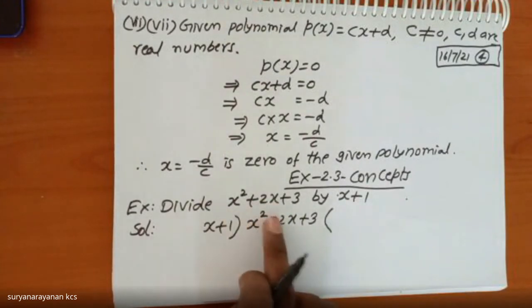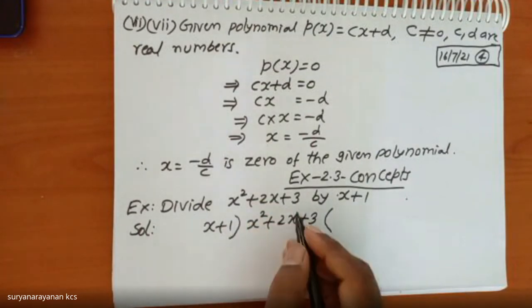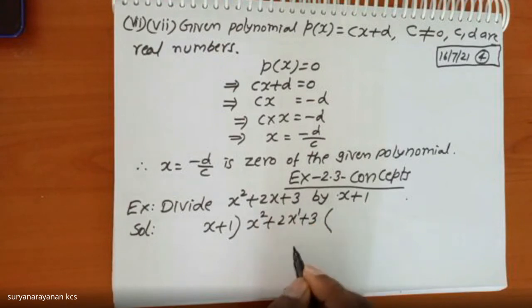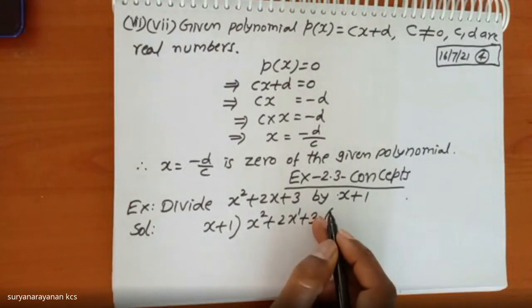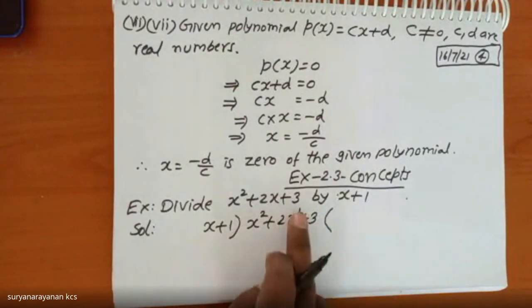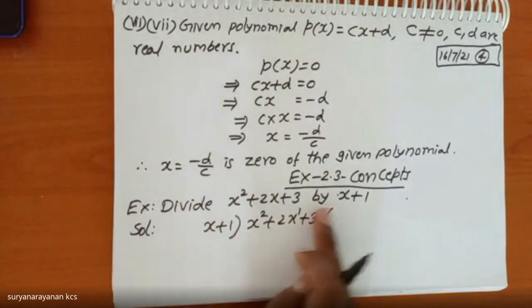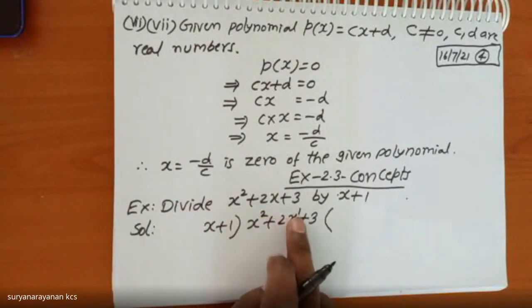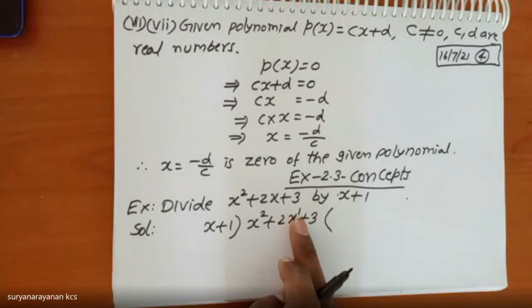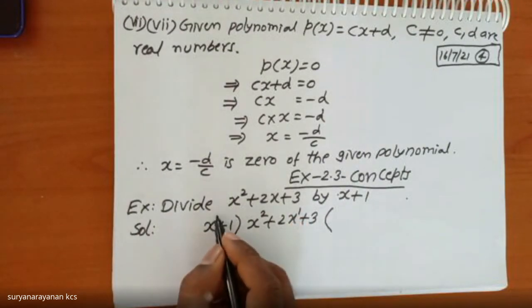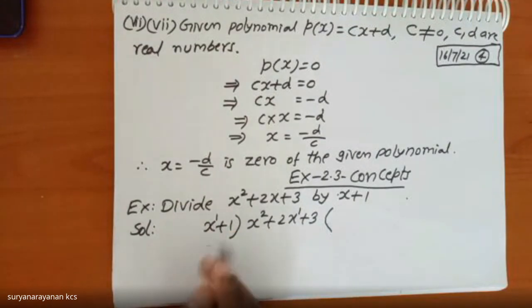Okay, descending powers. Here x square. What is the power of x here? The exponent of x here is 1. Here the exponent of x is 0. So 2, 1, 0. So the exponents of x are in descending order. Yes or no? Similarly, the exponent of x is 1 here.